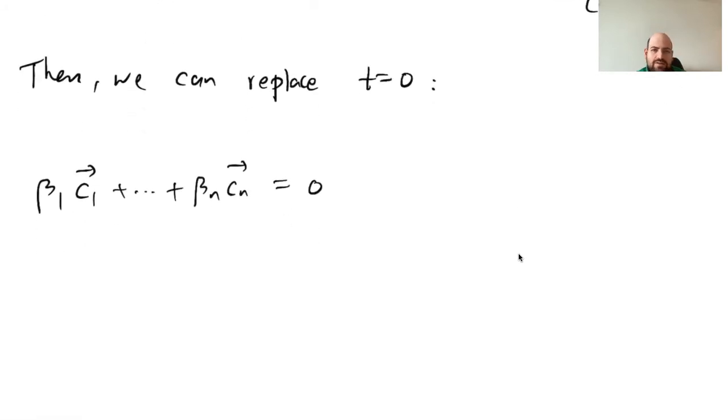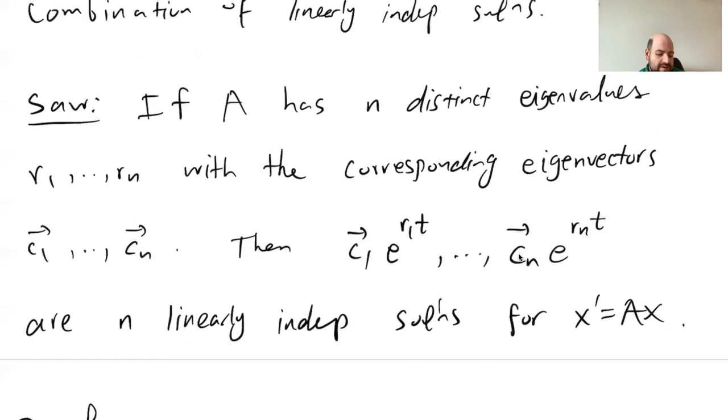Now here c1 to cn are eigenvectors corresponding to distinct eigenvalues r1 to rn.